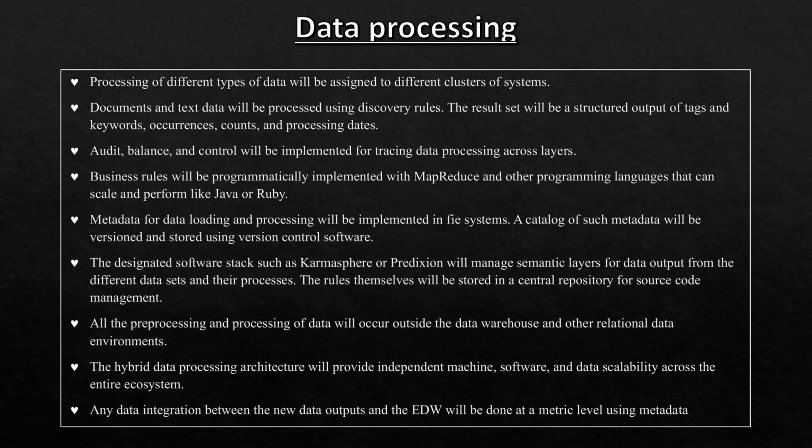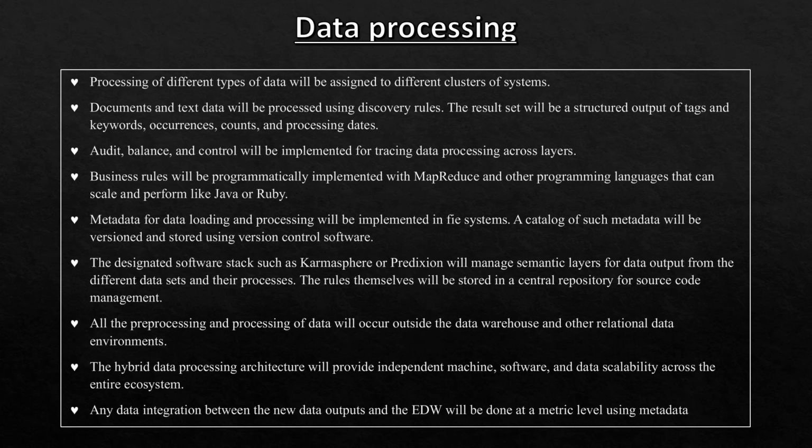Okay, for data processing, besides infrastructure, we also can solve the problem by upgrading certain things in data processing. First, processing of different types of data will be assigned to different clusters of systems. Documents and text data will be processed using discovery rules.